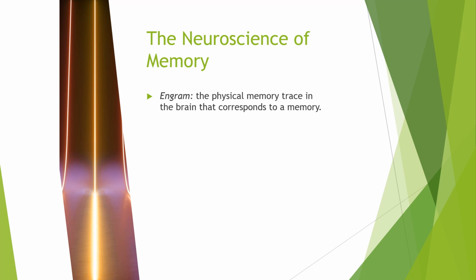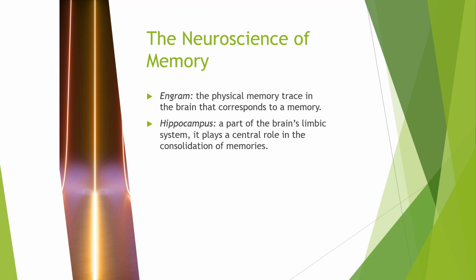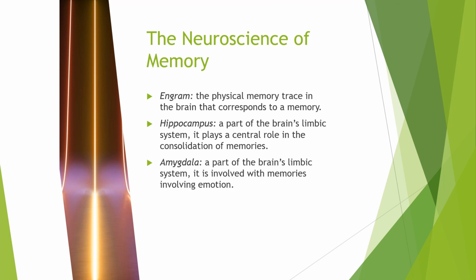Your memories occur in your brain in the hippocampus. The hippocampus is a part of the brain's limbic system, so it plays a central role in the consolidation of those memories. Now, we said that the hippocampus is a part of the brain's limbic system. Another part of the limbic system is the amygdala. So the amygdala, if you remember back to chapter 3, we said that was the main emotional center of your brain.